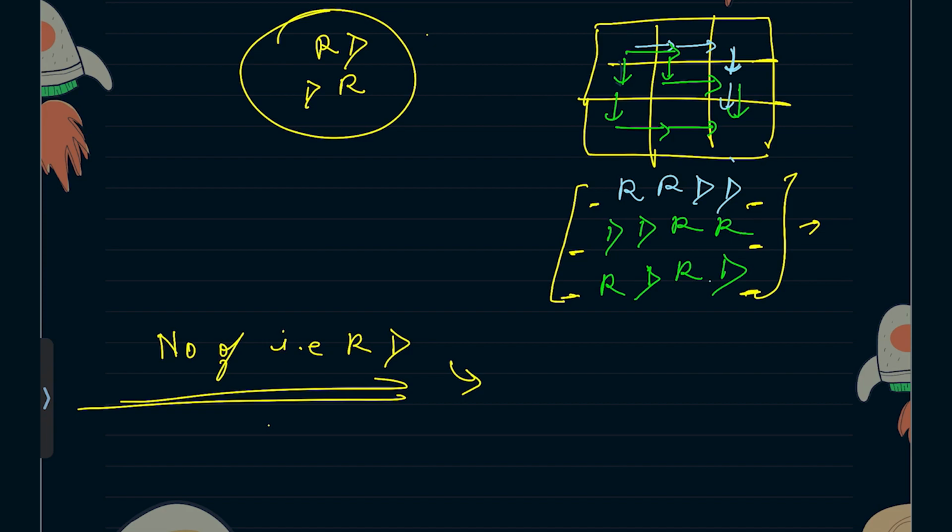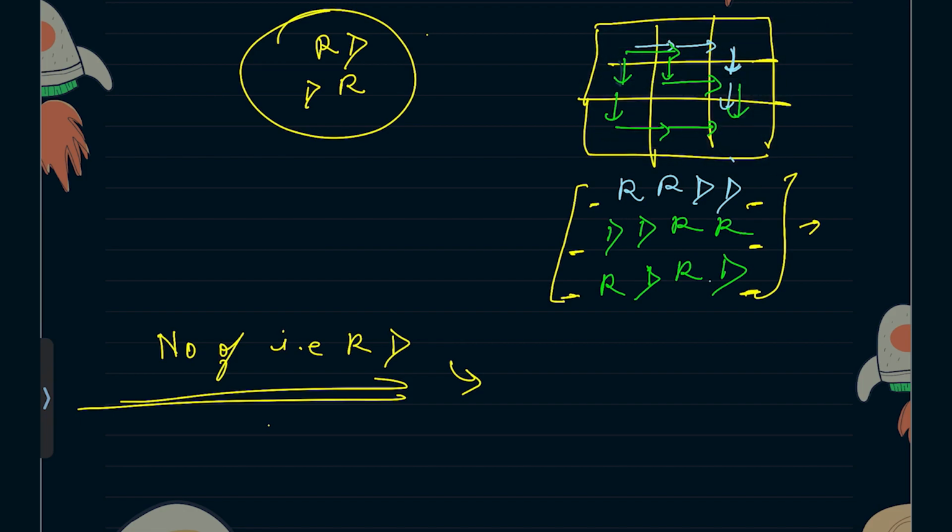So how many places do I have? I have number of rows minus 1. Why? Because this one is blocked, I didn't visit this one. This particular value is blocked. Other than this, I can select all the particular columns and all the particular rows.